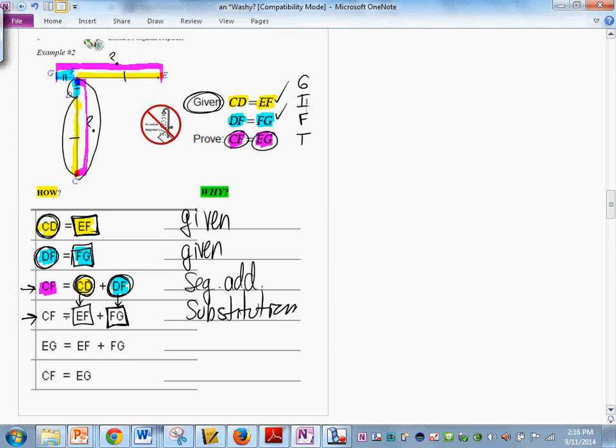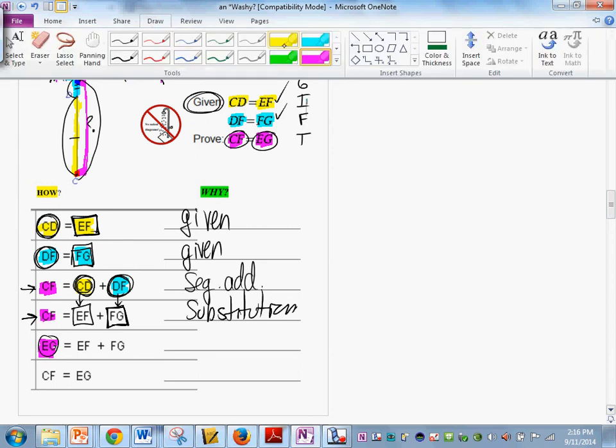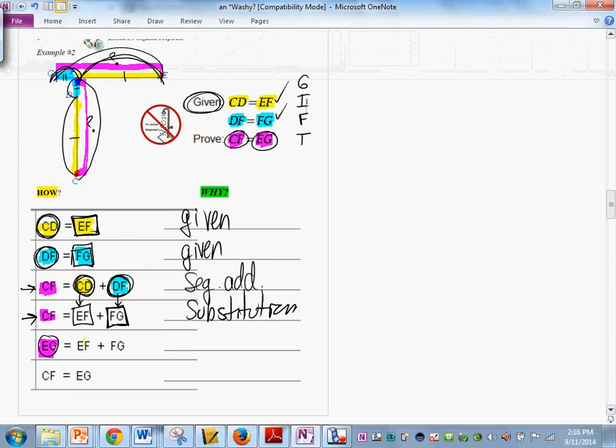Okay, now, so we have CF. Now we need to talk about EG. So come up here, bracket EG. Now bunny hop the 2 pieces that make up EG. So EG, the pink, is made up of EF, which is the yellow, and FG, which was blue.